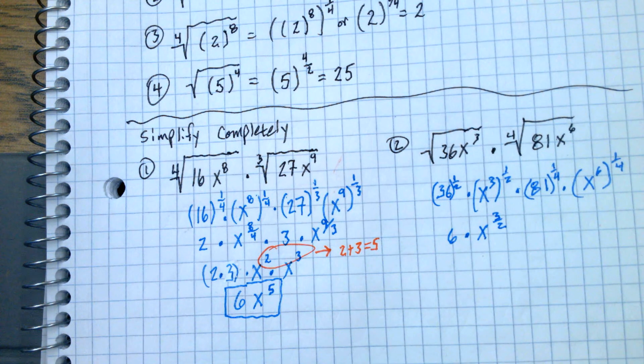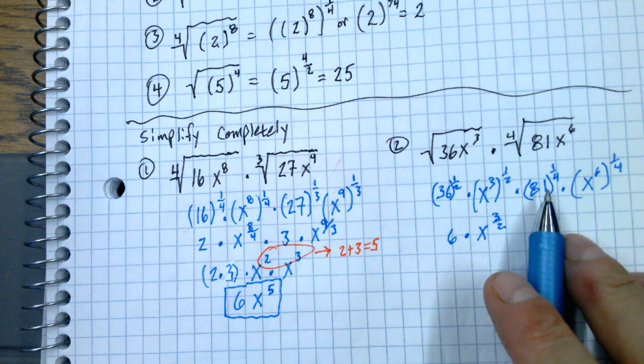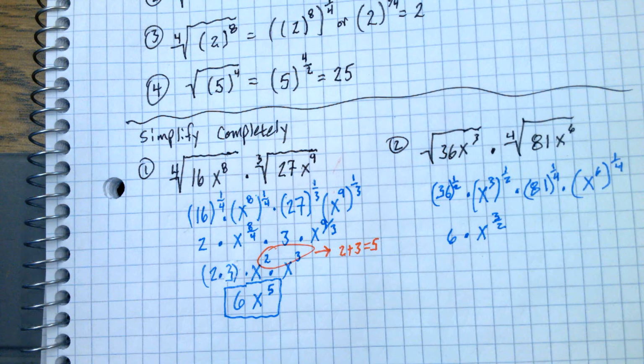Okay. And then I'll figure out 81 to the 1/4. Maybe we don't know that one by heart. The 4th root of 81. Go ahead and type that into your calculator. 3.